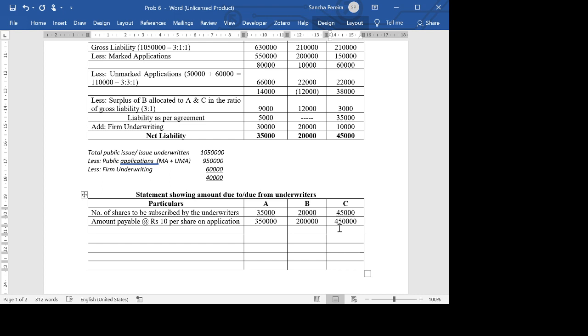They have to pay, A has to pay the full 3 lakh 50, B has to pay the full 2 lakhs, C has to pay the full 4 lakh 50. Or have they paid for something already? I want an answer from you. Have they already paid, or do they still have to pay the whole amount?